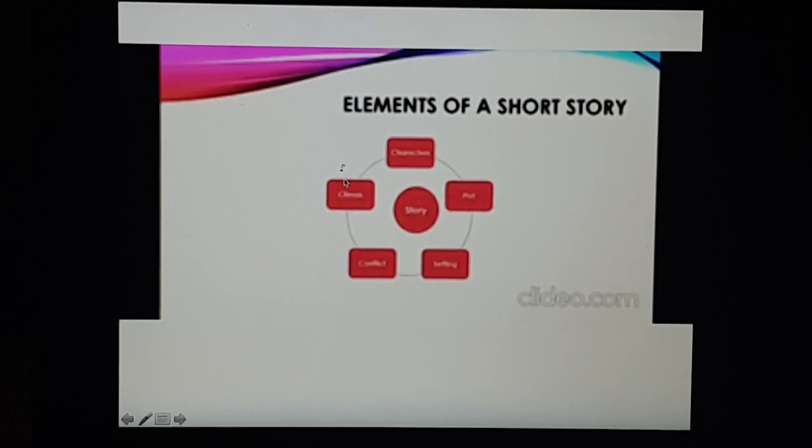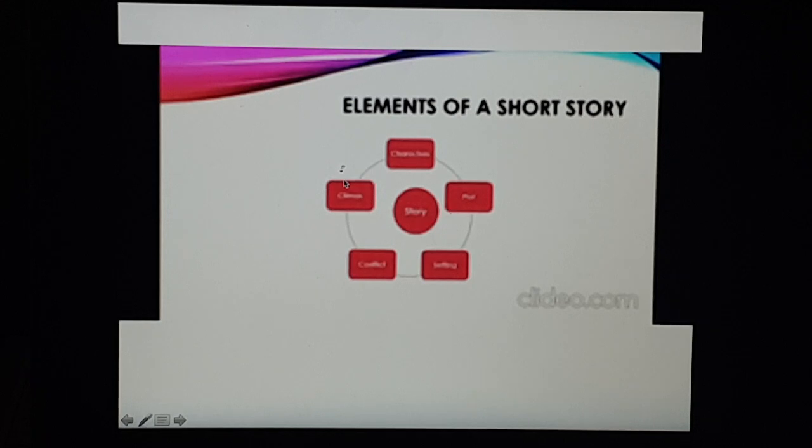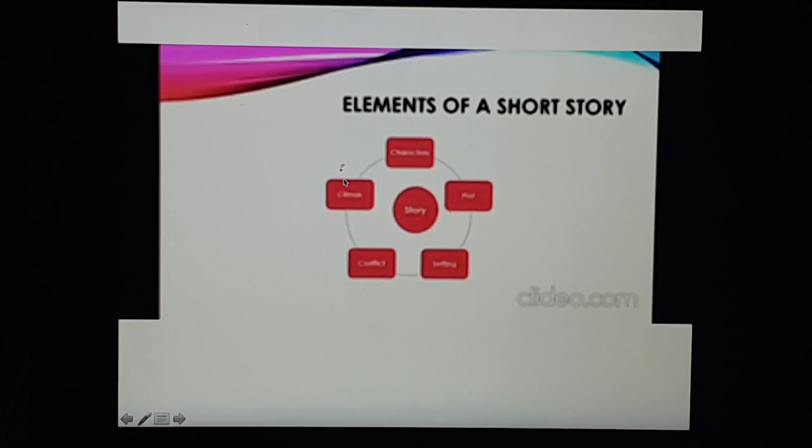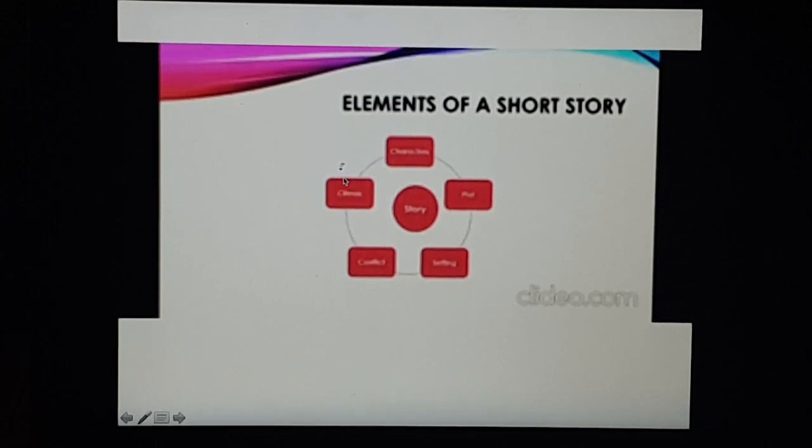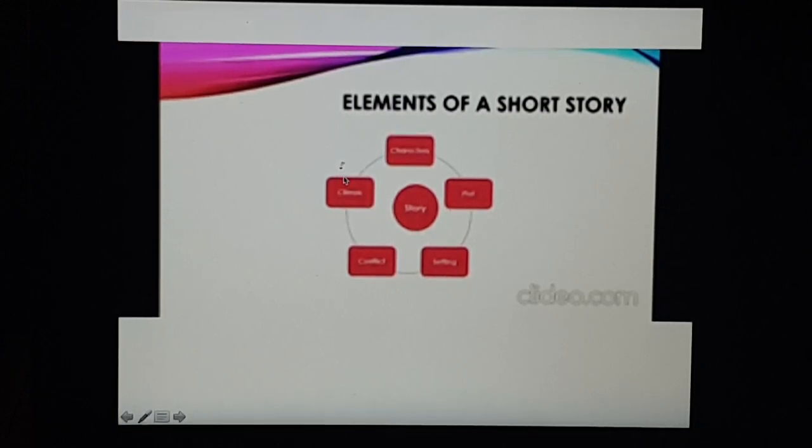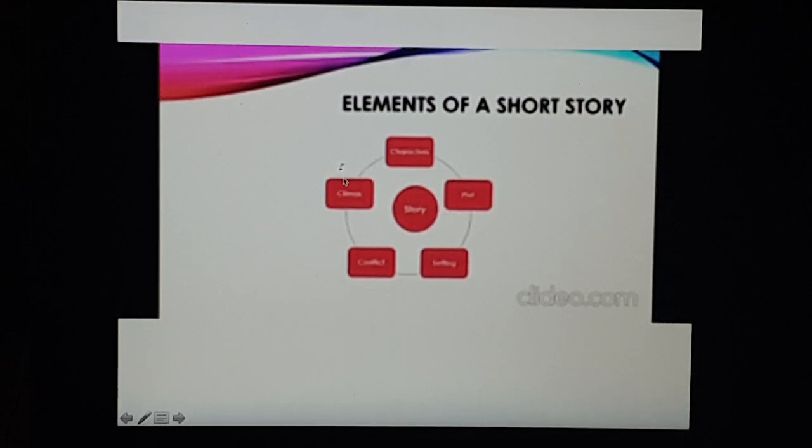Then the plot is a series of events moving in a proper sequence. Then there is the setting: which is the place where all these events are happening, and the time.